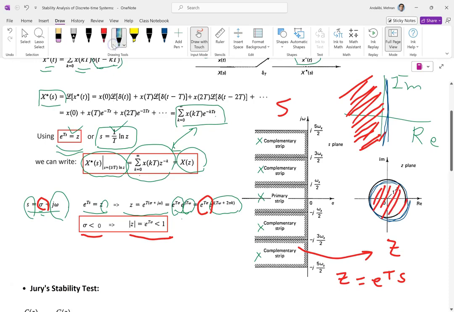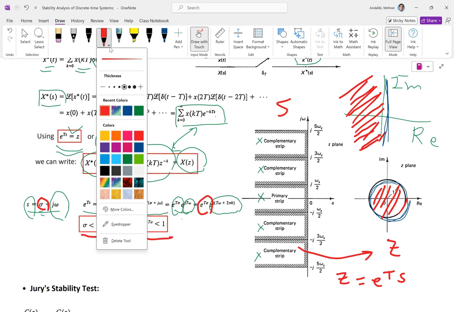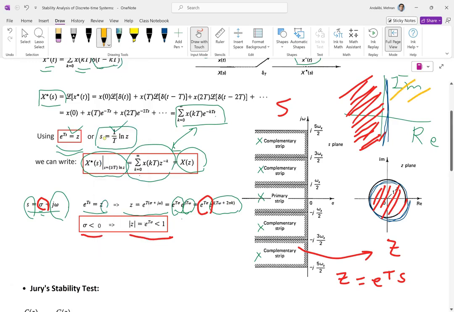On the other hand, anything on the right side of the imaginary axis corresponds to e to a positive number, which is bigger than 1, so it is outside the unit circle. Outside the unit circle means unstable. Inside the unit circle means stable. On the unit circle means marginally stable.